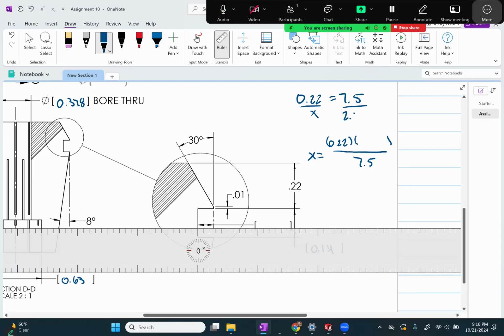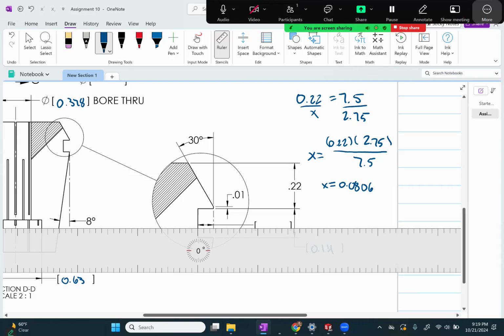So this number is 2.75, as is this one. 0.22 times 2.75 all over 7.5 gives me 0.0806.